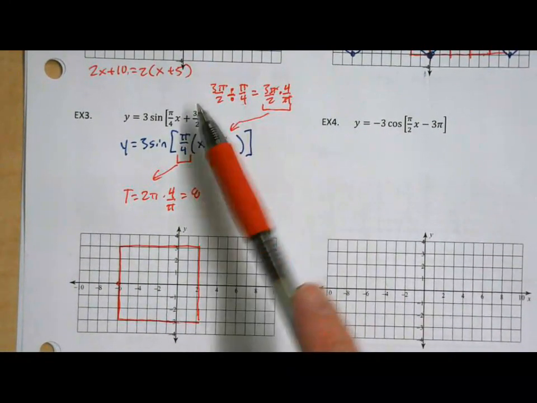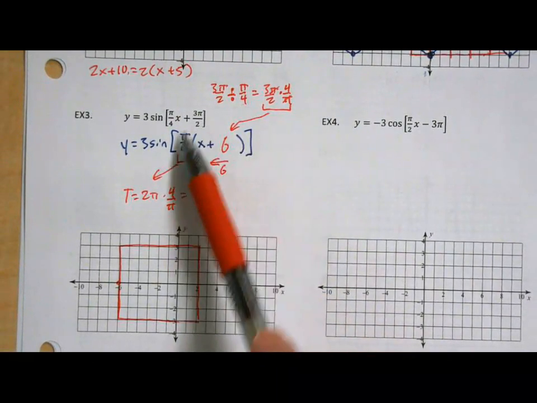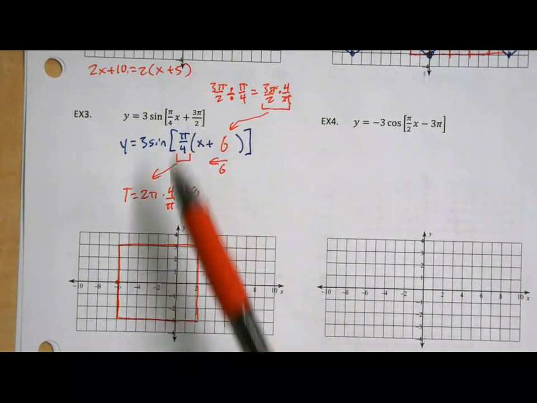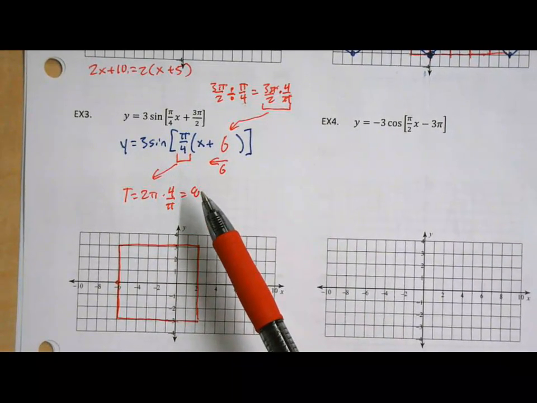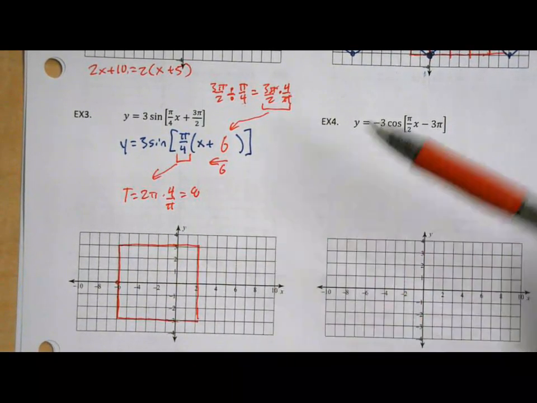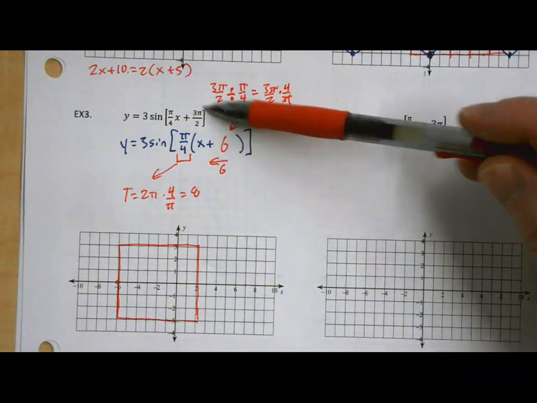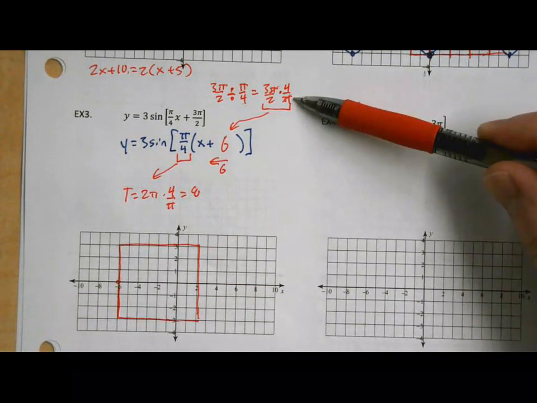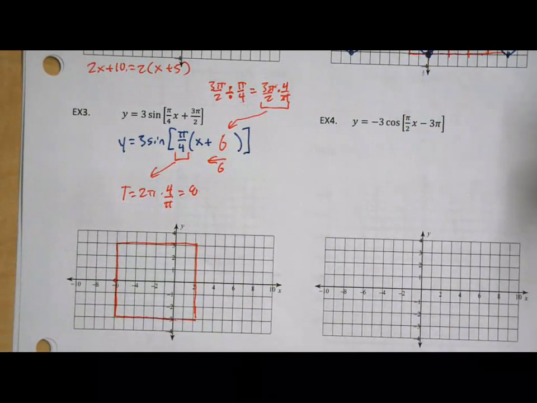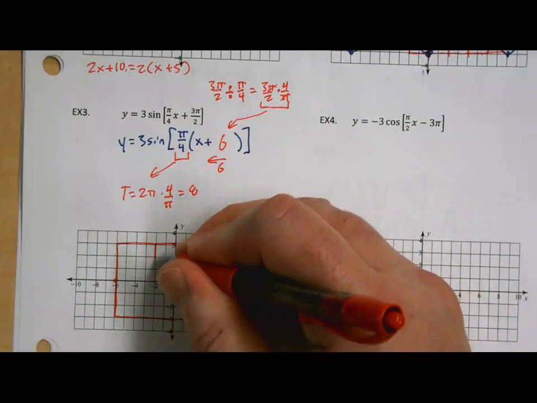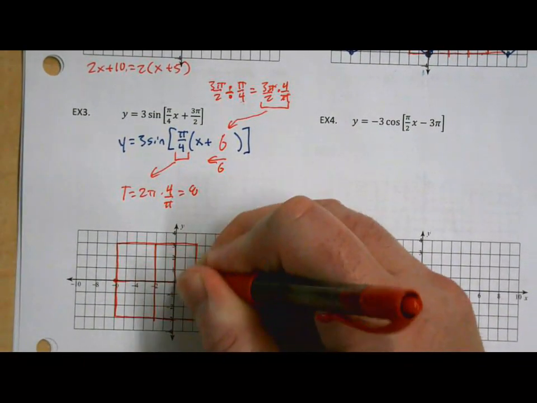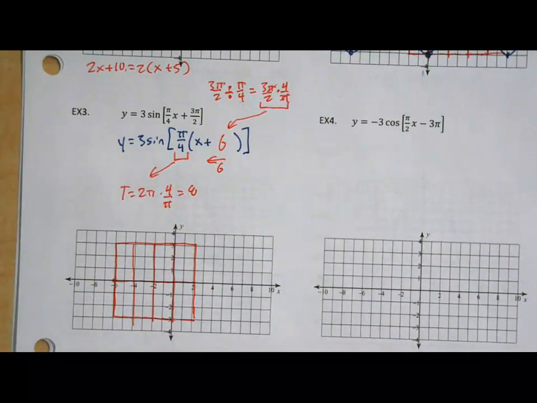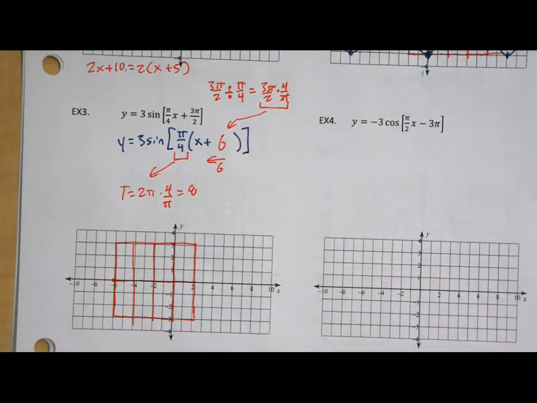So this work up here is happening because I needed to factor a pi over 4 out of this thing. And when we factor something out, we're dividing it. So to figure out what this turns into, I need to divide it by the thing that I'm factoring out. And remember, dividing by a fraction is the same as multiplying by its reciprocal. And what do we got?